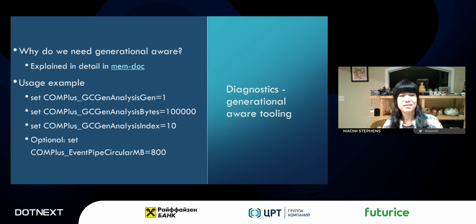Optionally, you can also set this event pipe config, which just means that you want a big enough buffer to write this dump to, because this could be quite large, since you're capturing essentially the whole heap. Well, it's going to be much smaller than the whole heap, hopefully, but I think the circular MB default is quite a bit smaller than 800 in hex. So you can set that just to make sure that you don't miss anything.